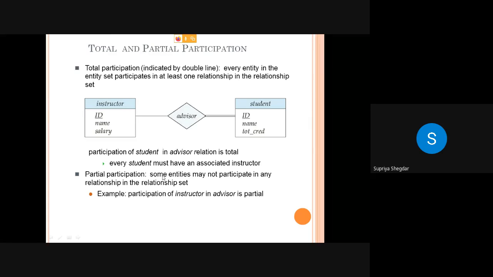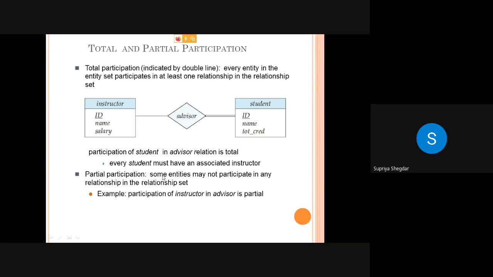So here the instructor's participation is partial participation, but the students' participation is total participation, because all 10 students are participating in the relation, or all 10 students have at least one instructor. It is the total participation. Understood the difference between total participation and partial participation?